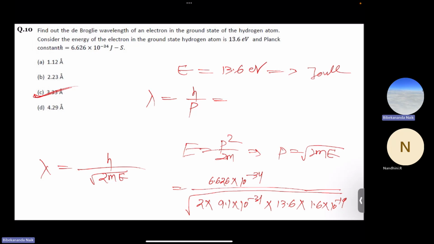So if the electron is present in the ground state of the hydrogen atom, which has the energy 13.6 electron volt, then the wavelength associated with that electron will be 3.33 angstrom. I hope this is clear to you.